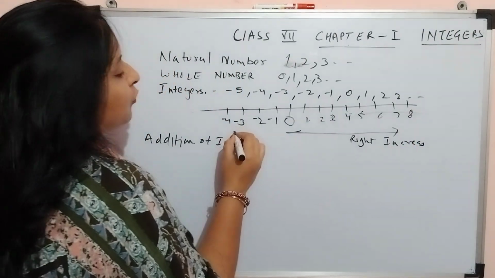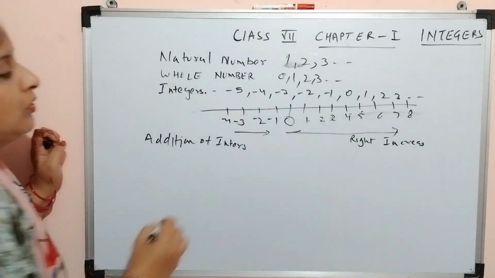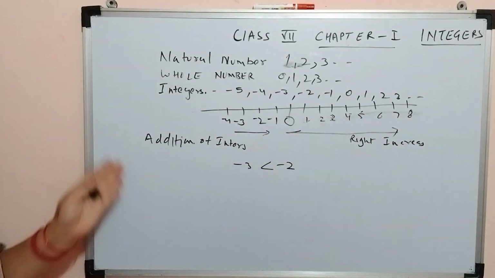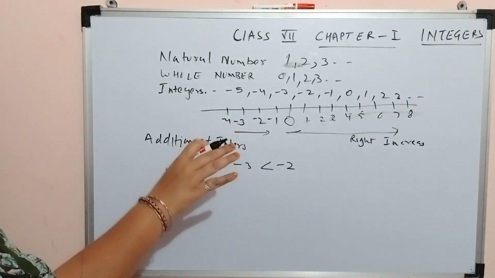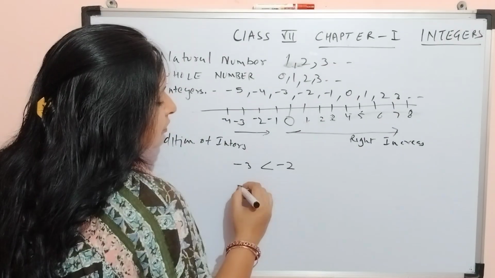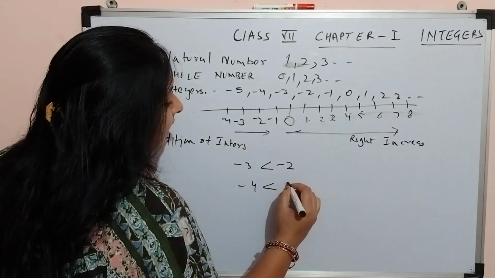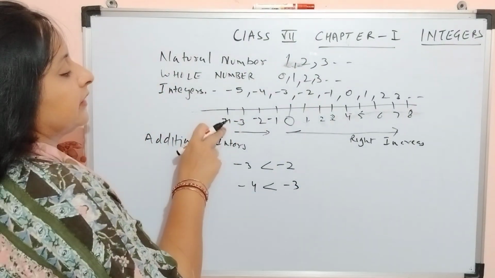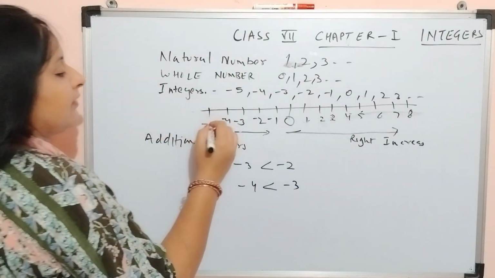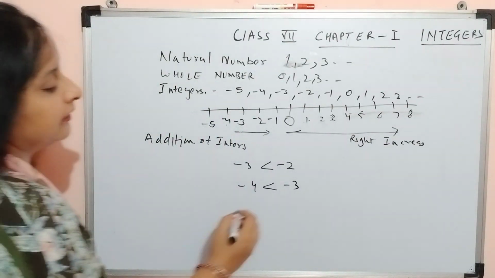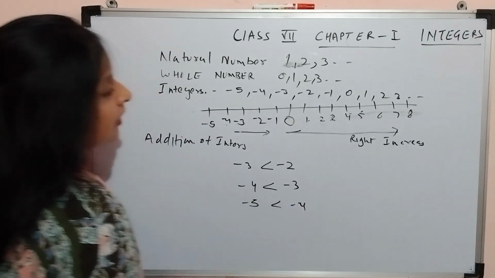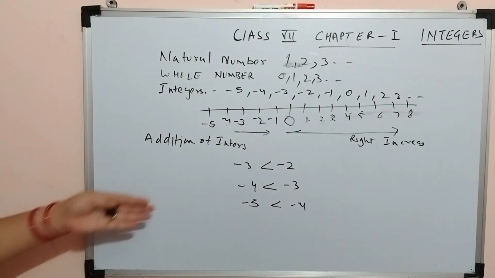For example, -3 is smaller than -2 because as we move right, the value of the integers increases. So the value of -4 is less than -3, so -3 is greater than -4. In the same way, -4 is greater than -5. So this is the increasing order.